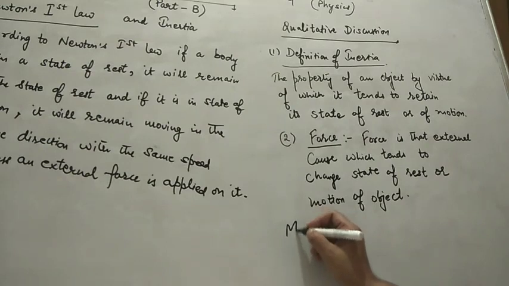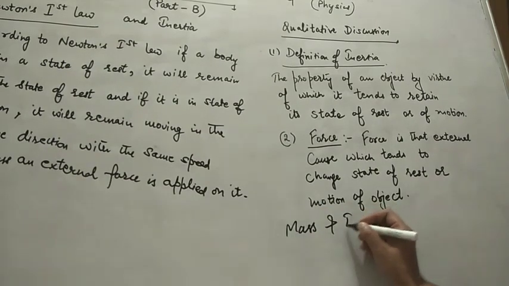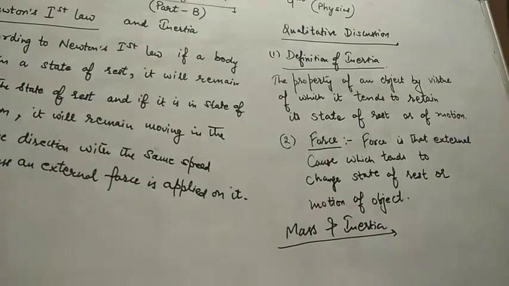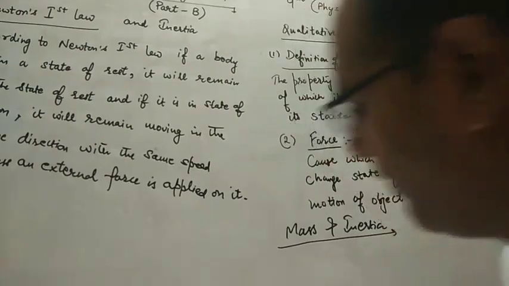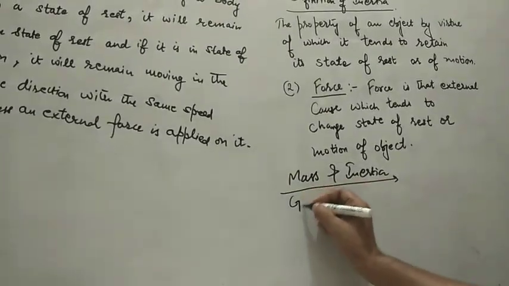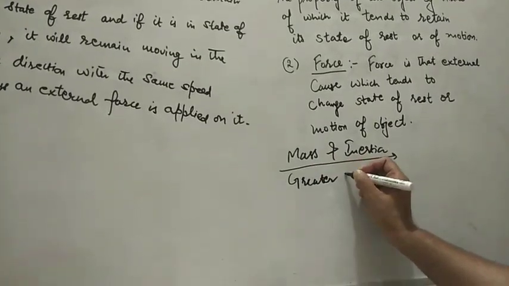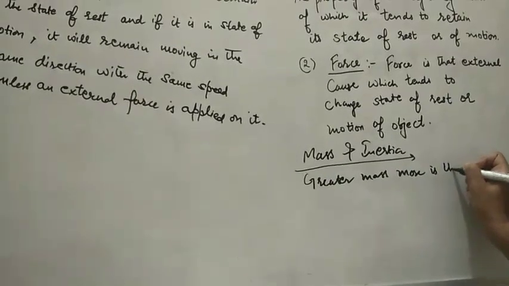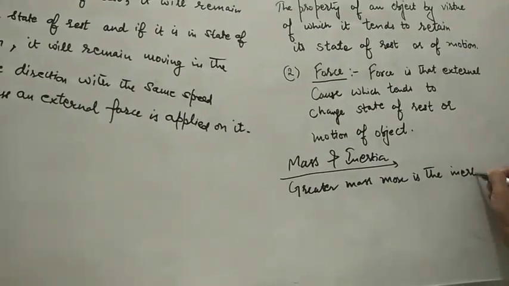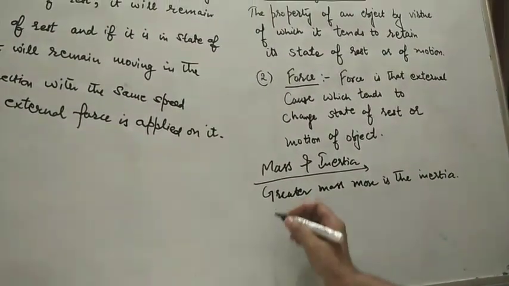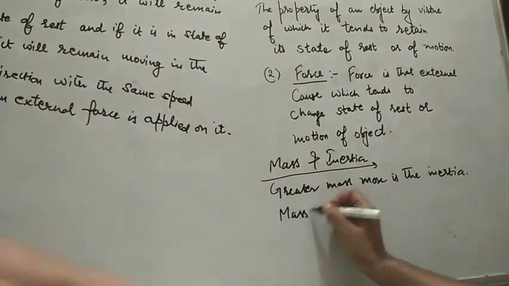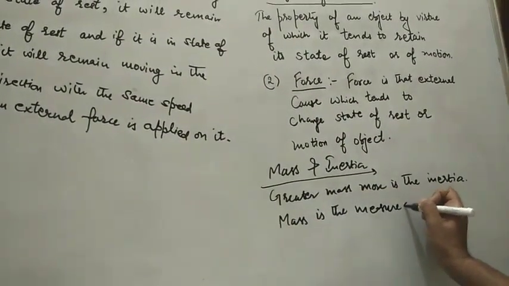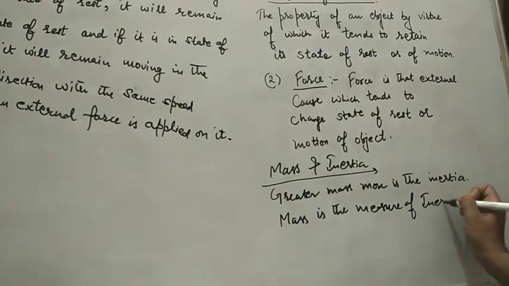Then there is a relation of mass and inertia. They both are related with each other. We can say, greater is the mass, more is the inertia. So mass is the measure of inertia.